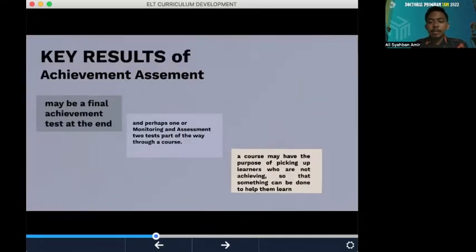The key result of assessment may be a final assessment test at the end, and perhaps one or more monitoring and assessment tests part of the way through a course. A course may also have the purpose of picking up learners who are not achieving, so that something can be done to help the learners to learn.